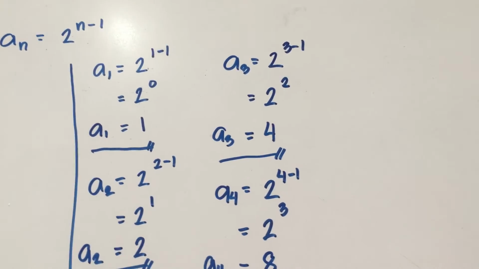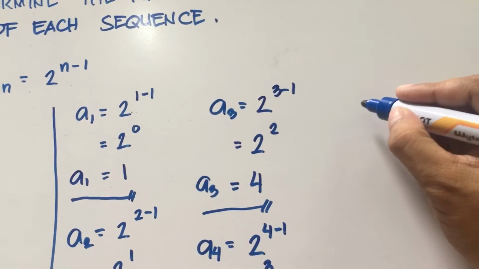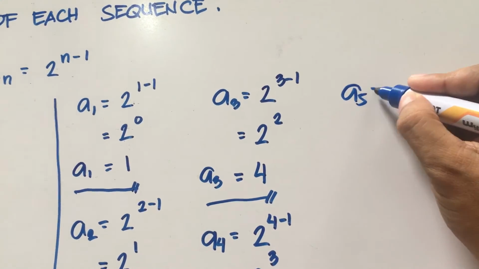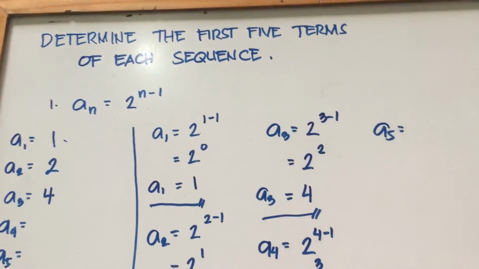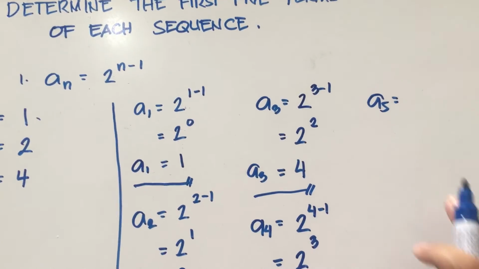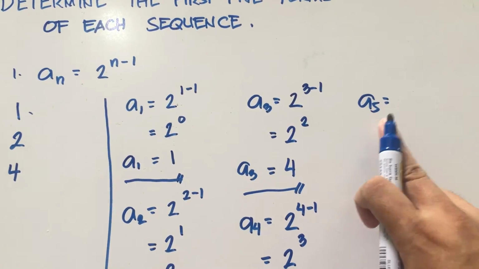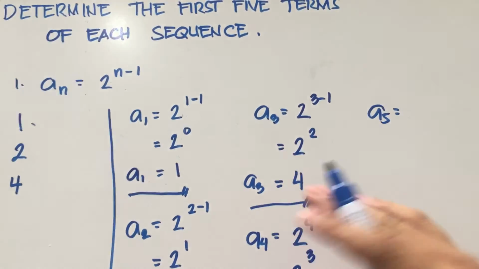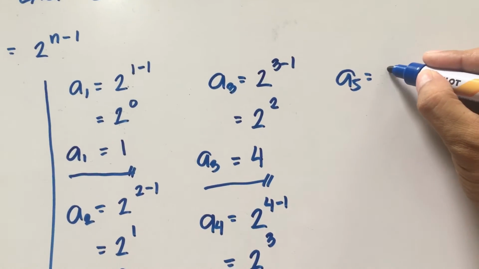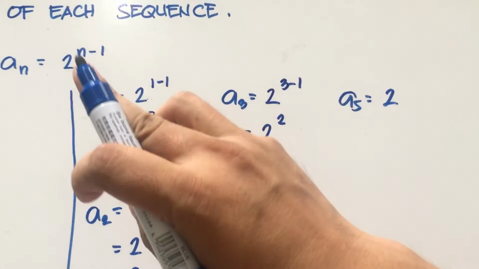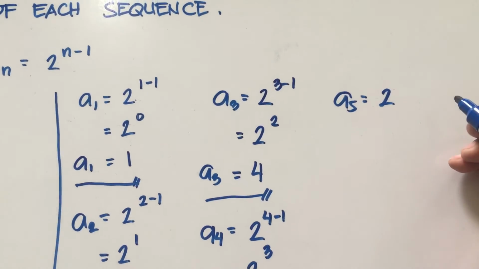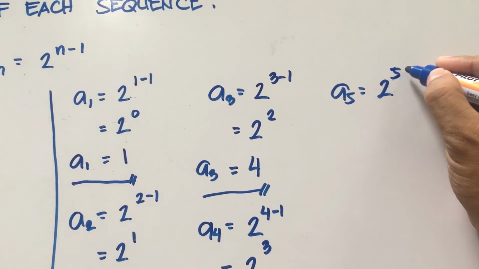Let's go now to a sub 5, the fifth term and the last term, which is what we are looking for. If you have a sub 5, the value of your n is equal to 5. So you copy 2, and your exponent n minus 1 becomes 5 minus 1.